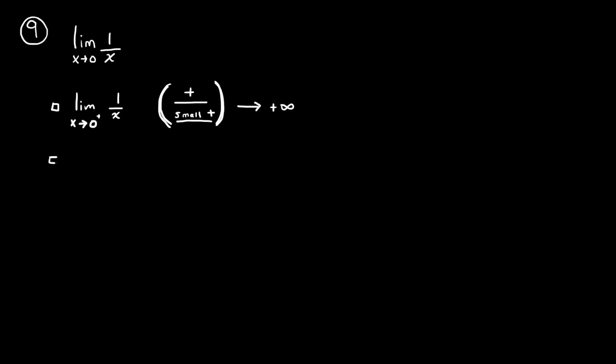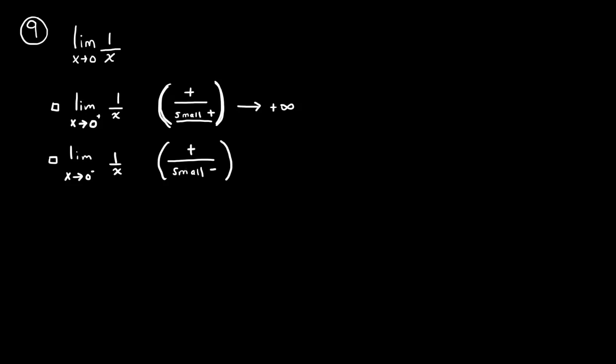If we take a look and investigate from the left, the limit as x approaches 0 from the left of 1 over x, we can do a similar analysis. The top is always going to be positive, and if we get close to 0, then the bottom is going to be really small, but it's going to be negative. And so what is this going to? Well, forget about the negative for a minute.